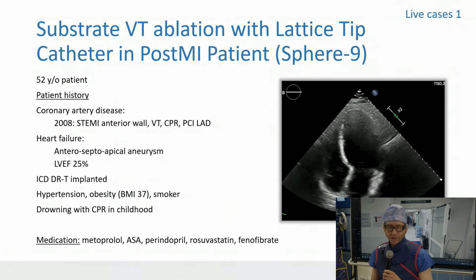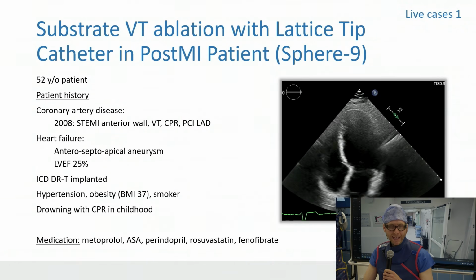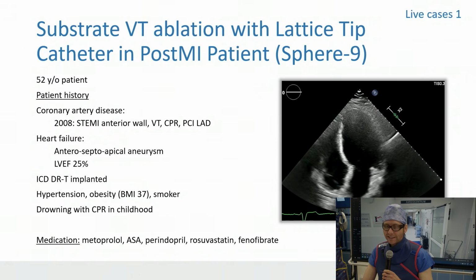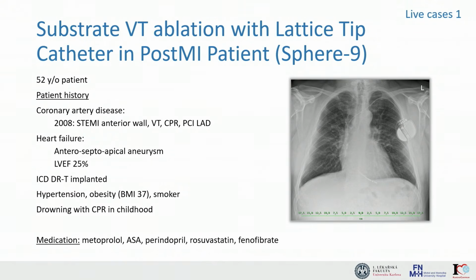And there is an anteroseptal apical aneurysm, which you can see on these echo images. The dual chamber ICD was implanted later. The other history includes hypertension, he's obese, he's a smoker, and there is a history of drowning in his childhood which required CPR.